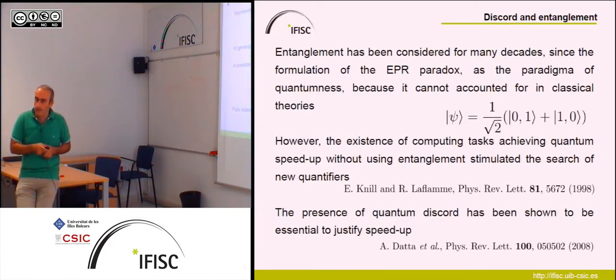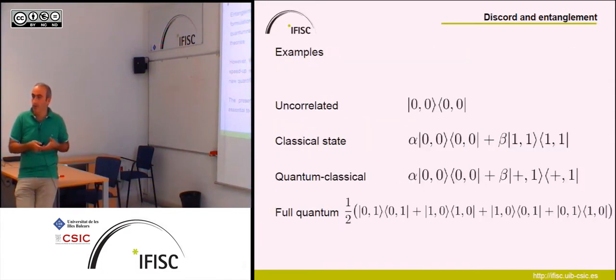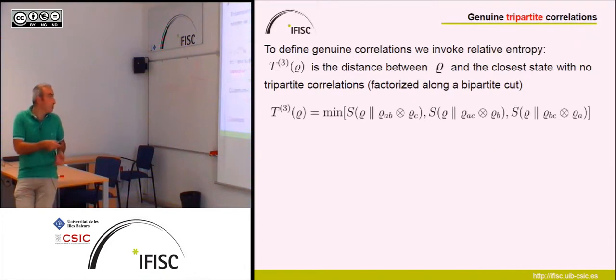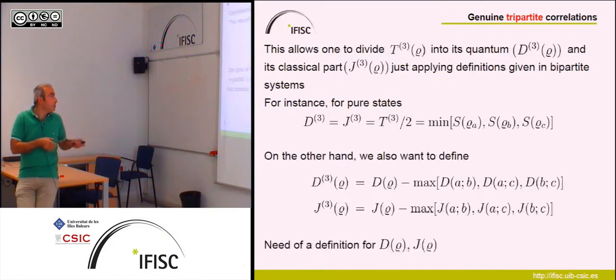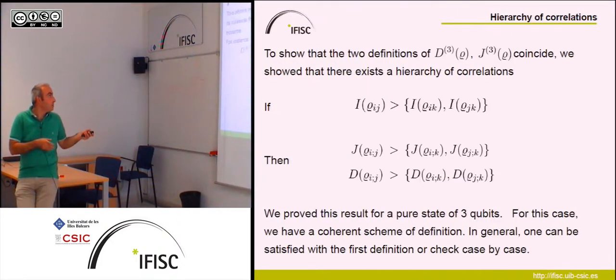Why do you need this? Because I need just one definition of the entanglement. I cannot deal with more than one definition if I want to prove this hierarchy of correlations I wrote here. This is true if I take the maximum among J and the minimum among the discord.